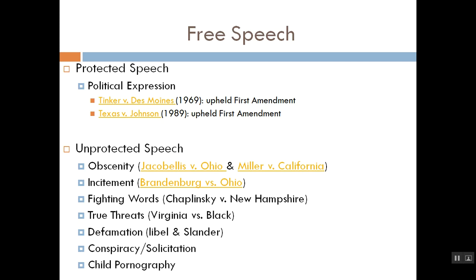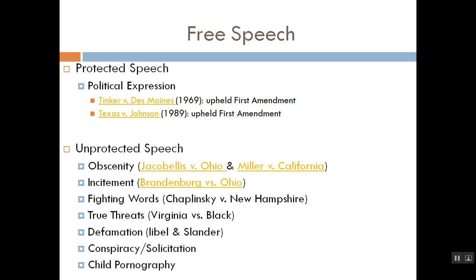Because in Brandenburg versus Ohio, they're going to give us the Brandenburg test. And this is a two-pronged judicial standard used to determine if speech counts as unprotected incitement. The Brandenburg test keeps the provision of the imminent lawless action test. So the first prong says that speech might count as incitement if it is directed at inciting imminent lawless action.